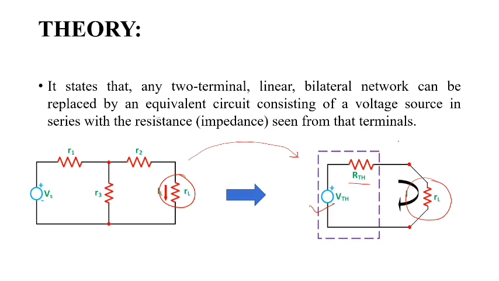Now you can easily calculate the current in this circuit, which would be your load current, with the help of the formula VTH divided by the overall resistance of this circuit, which would be somewhat like this. Meaning now our task has gotten easier as compared to the complex network.